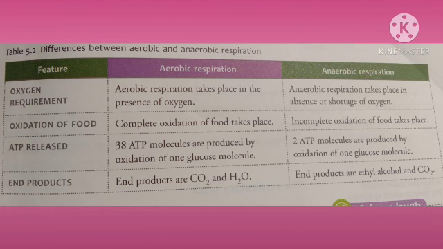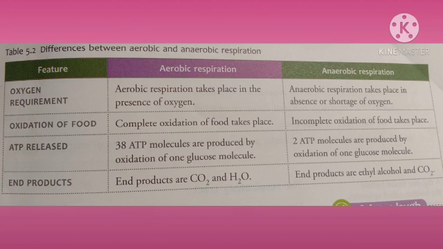Differences between aerobic and anaerobic respiration are: aerobic occurs in presence of oxygen, anaerobic in absence of oxygen. Aerobic, glucose completely oxidized to carbon dioxide and water. Anaerobic respiration, glucose incompletely oxidized to ethyl alcohol or lactic acid and carbon dioxide.